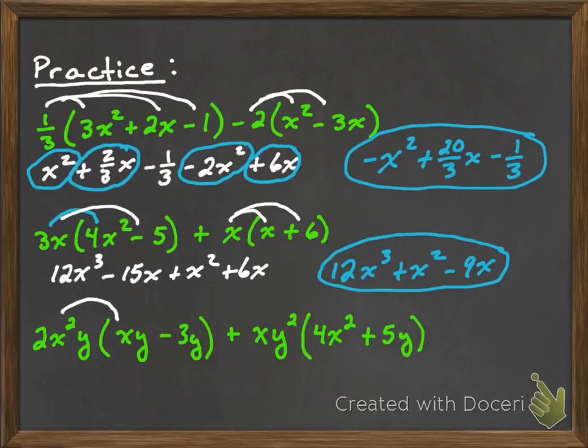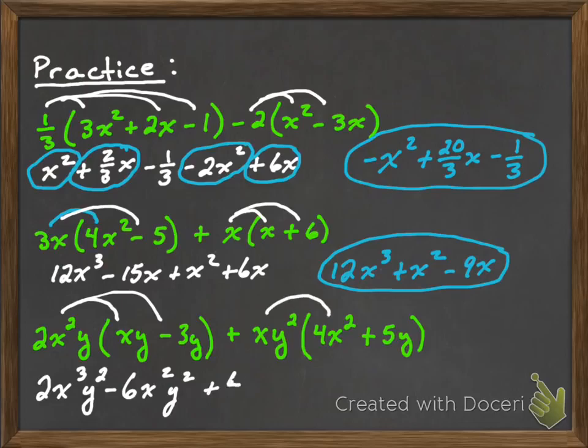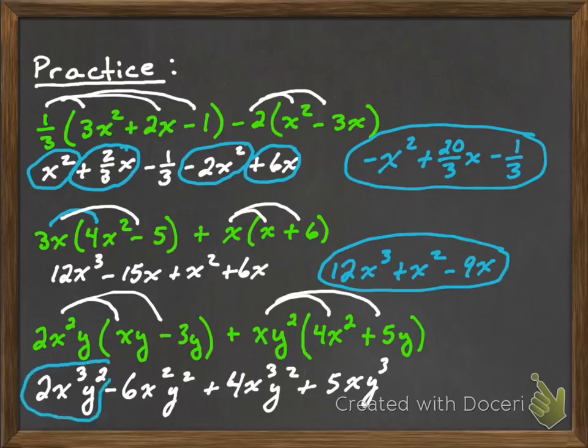So multiplying here, you're going to get 2x to the third power, y to the second power, so 2x cubed y squared, minus 6x squared y squared, and then plus, distributing over here, you get 4x cubed y squared plus 5xy cubed.